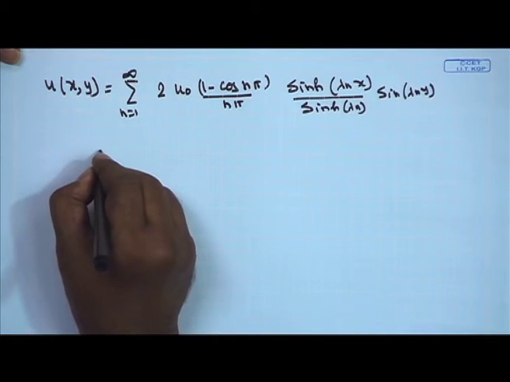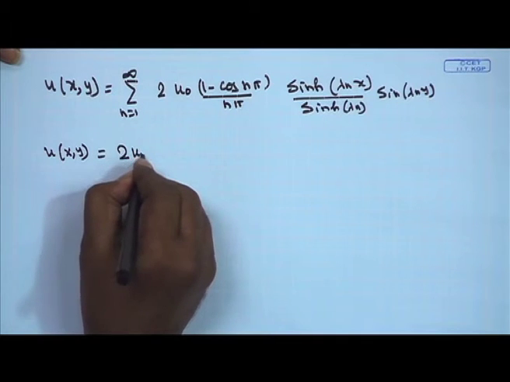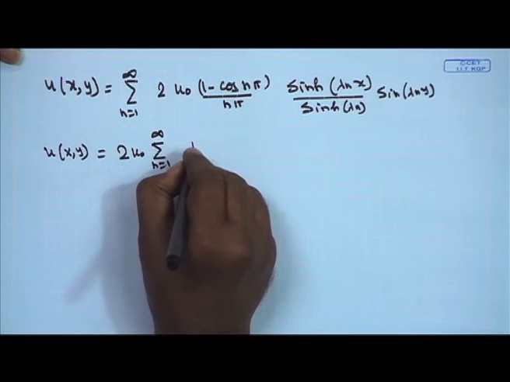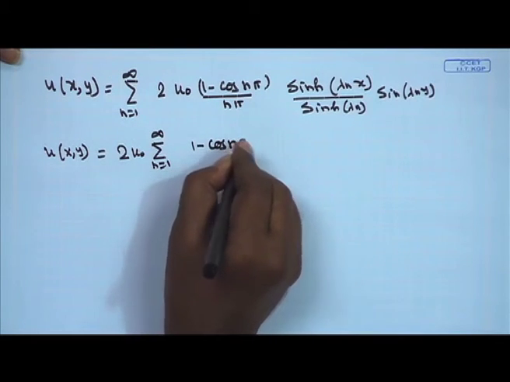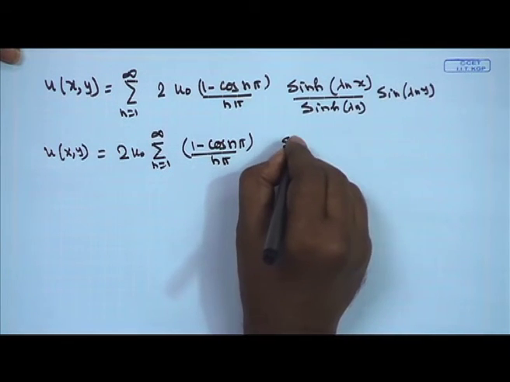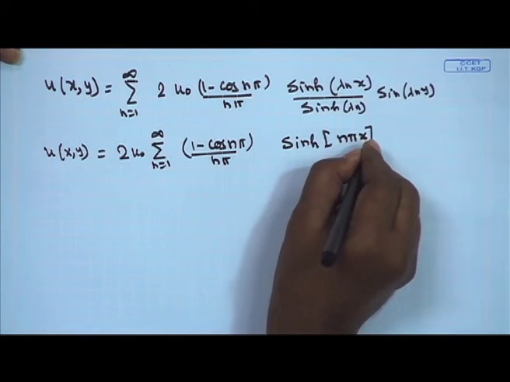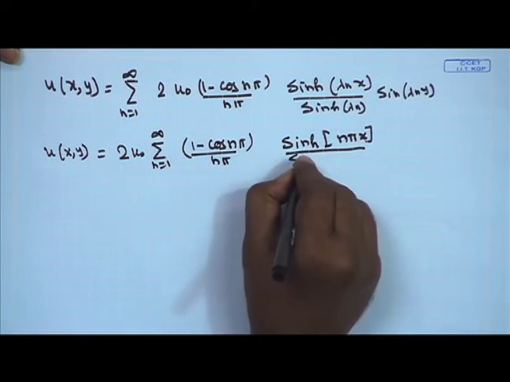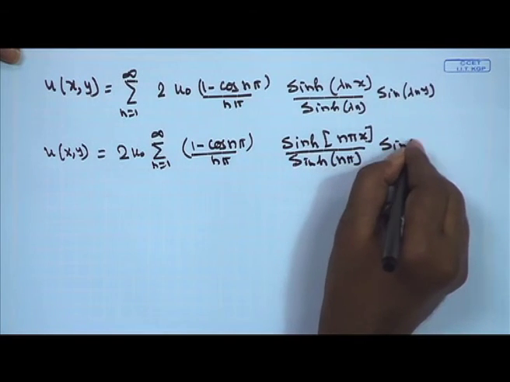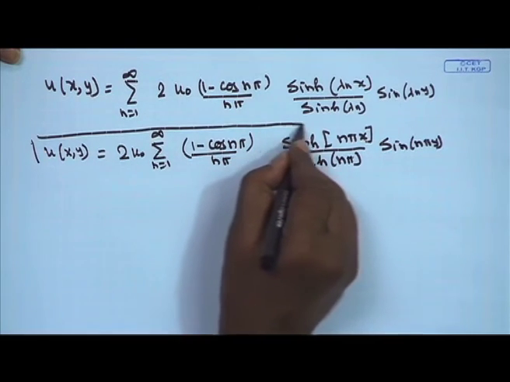Lambda n is basically n pi. So, it will be 2 u naught, the sum from n equal to 1 to infinity of (1 minus cosine n pi) divided by n pi, times sinh n pi x divided by sinh n pi, times sine n pi y. That gives you the complete solution.